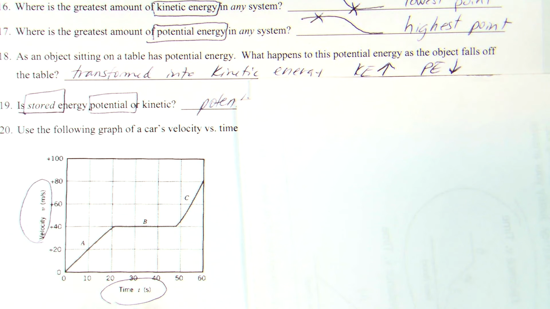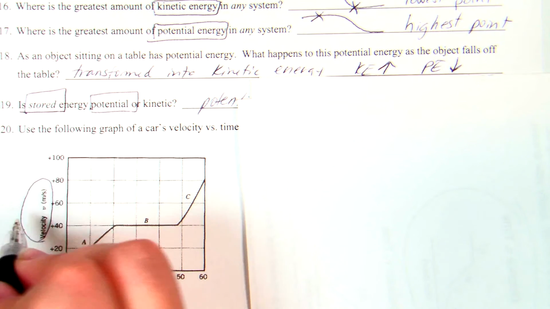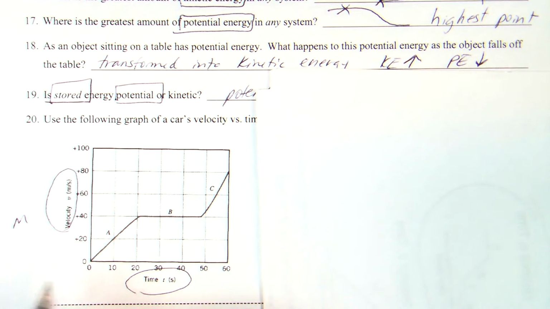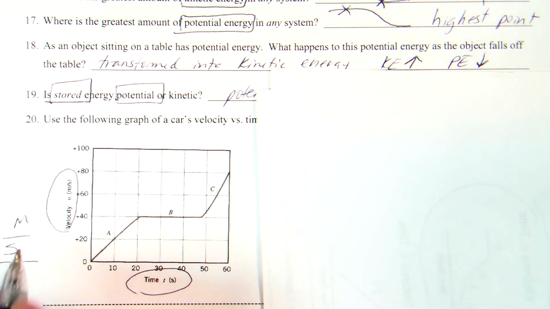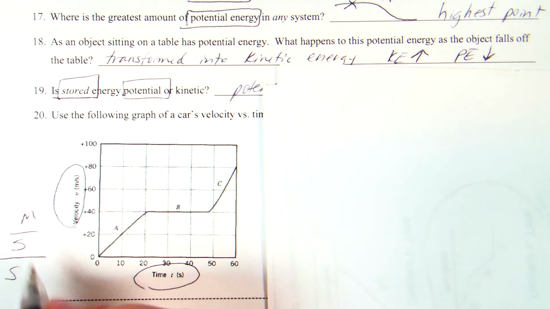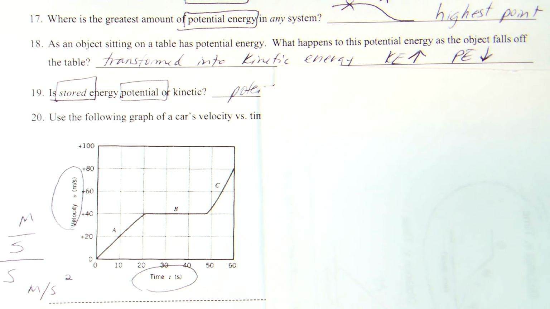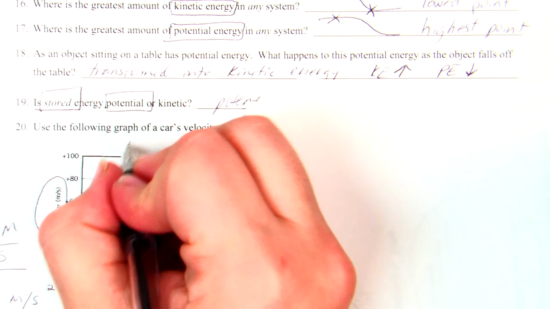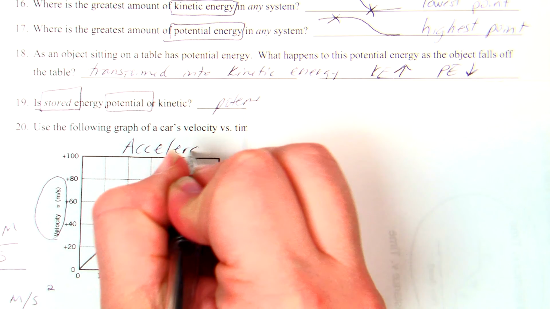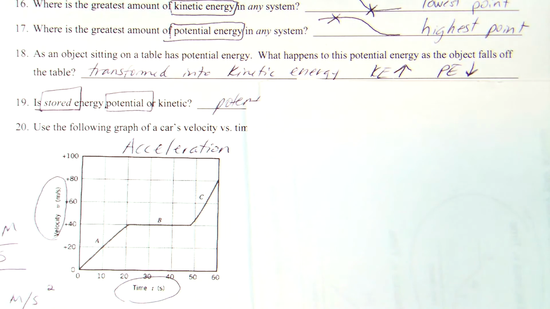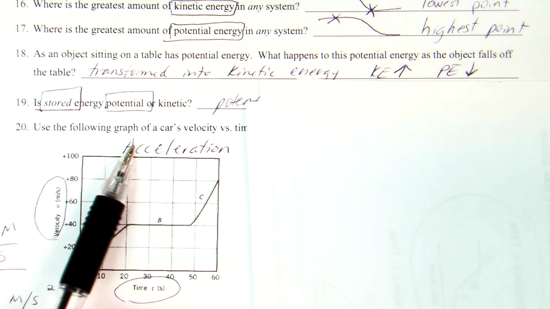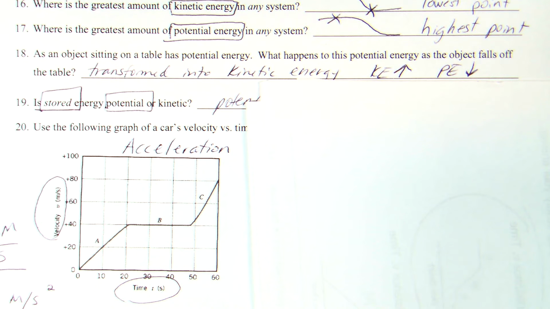This is not a distance time graph. So if we're looking at speed over time, so if we're looking at meters per second over a period of seconds, or meters per second squared, we're looking at a graph that's talking about acceleration. If I said this was distance divided by time, everybody would say, well, this is a graph that looks at speed or the direction that something is going.